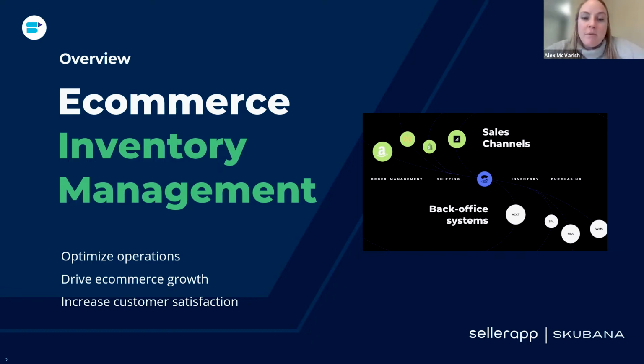Inventory management is the most trusted, proven method for driving e-commerce growth. In addition to keeping tabs on your stock counts and knowing how much you're likely to sell, Skubana's inventory management software can reduce your chance of stockouts, prevent you from overstocking, and ensure you achieve customer satisfaction with every order.